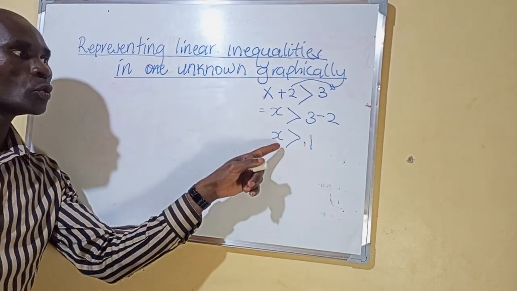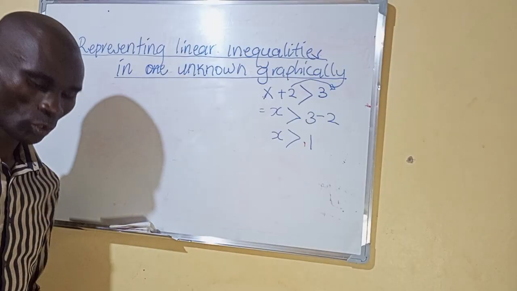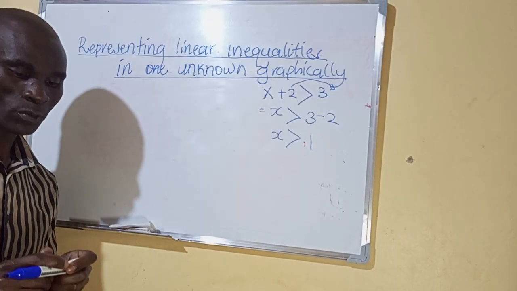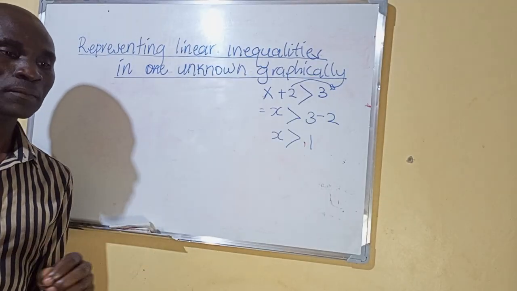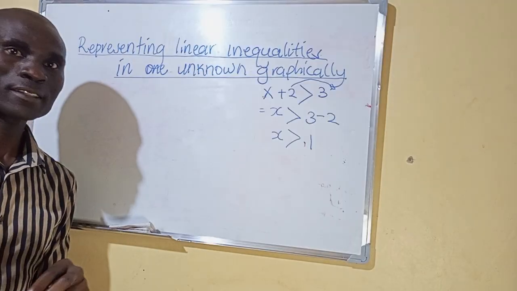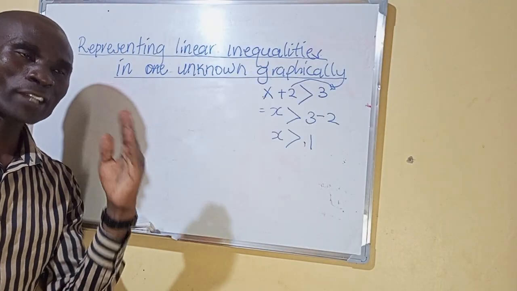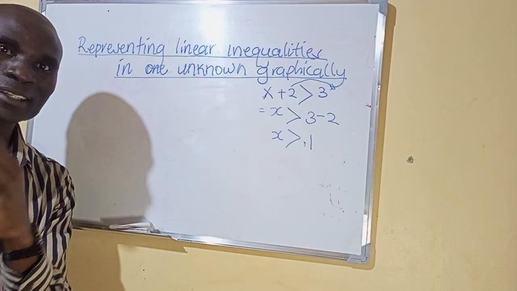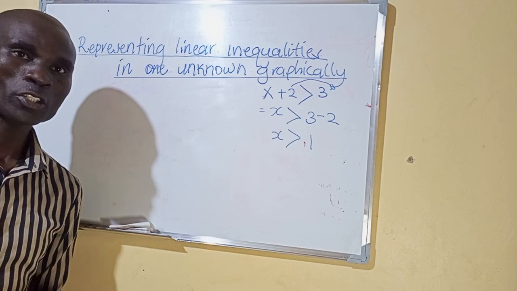So you need to graph this. What do we do? Now there is one thing that we must know and be very much versed with. When you are graphing inequalities, we use two types of lines. One, we use continuous lines, and two, we use what we call dotted lines. Now, in what case are we permitted to use dotted lines?